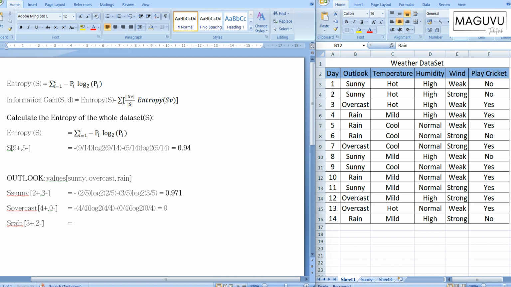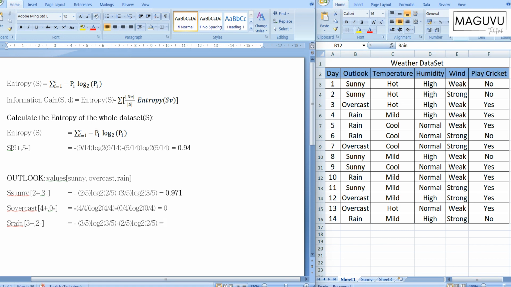If we're going to do the calculations there, we then end up with 3 divided by 5 log 2 of 3 divided by 5, and then we consider the negatives, which is 2 divided by 5 log 2 of 2 divided by 5.